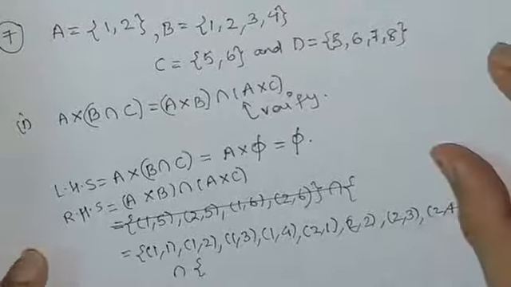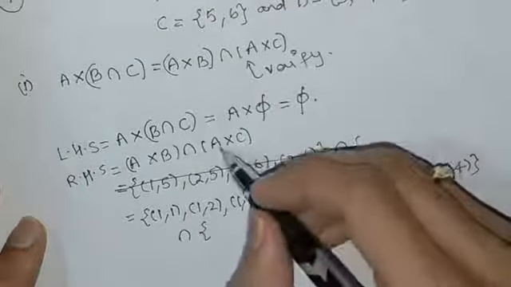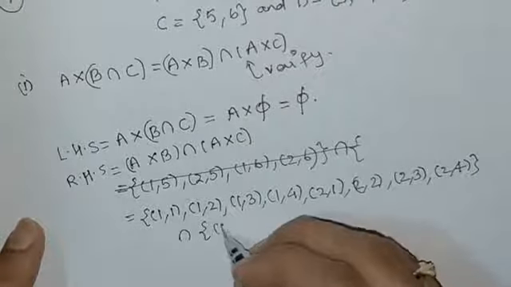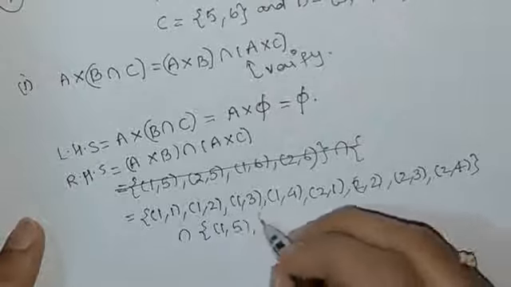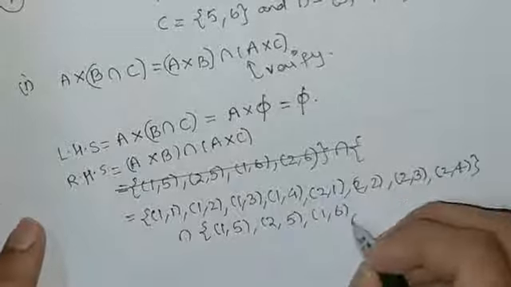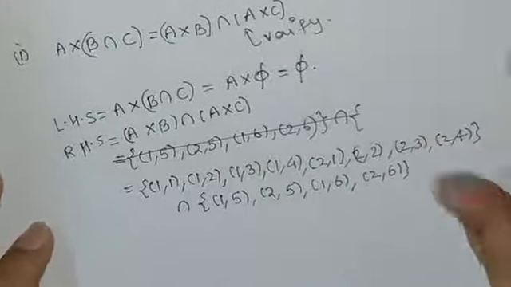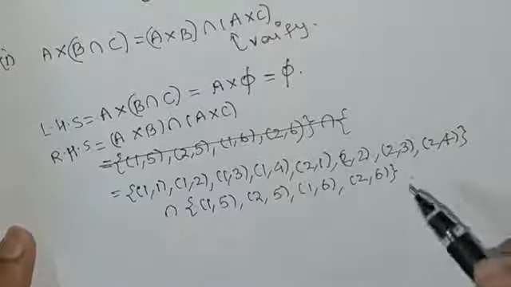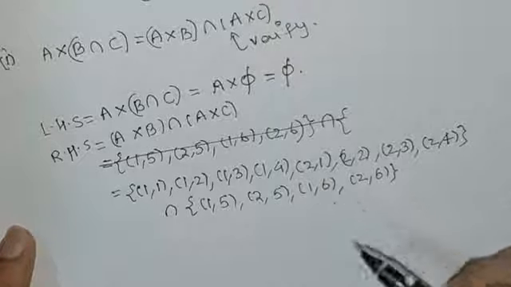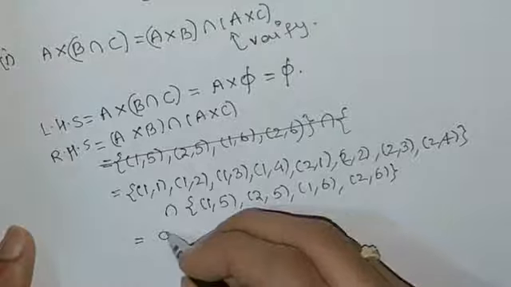Intersection A cross C will be the set (1, 5), (2, 5), (1, 6), (2, 6). You can see that these two sets have no element common between them. So this is equal to empty set.